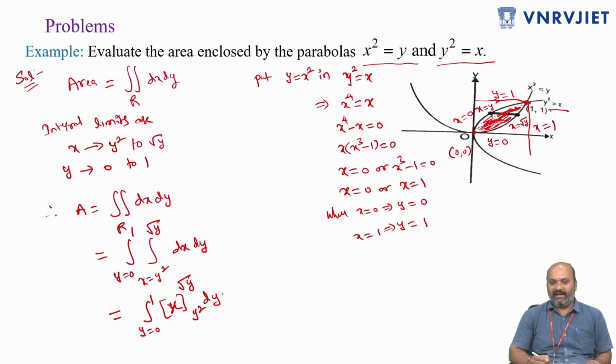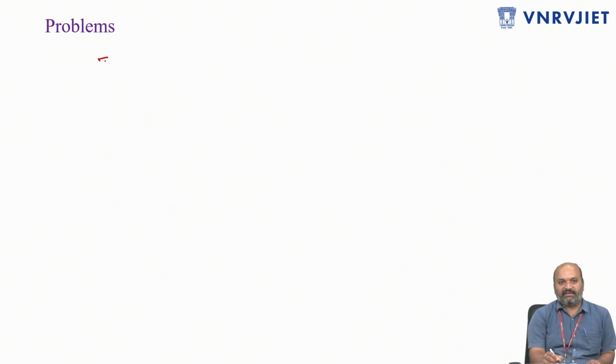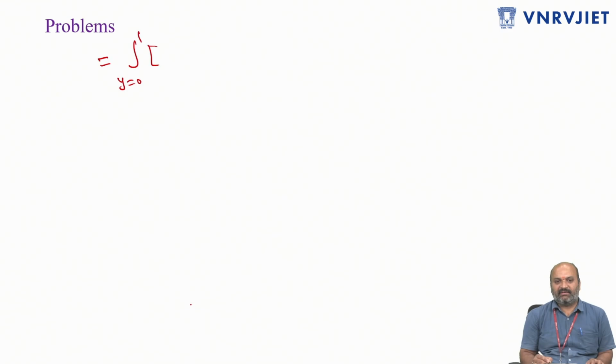Let's substitute the limits. This equals the integral with y from 0 to 1 of (root y minus y square) dy. The upper limit is root y, and substituting the lower limit, minus y square.